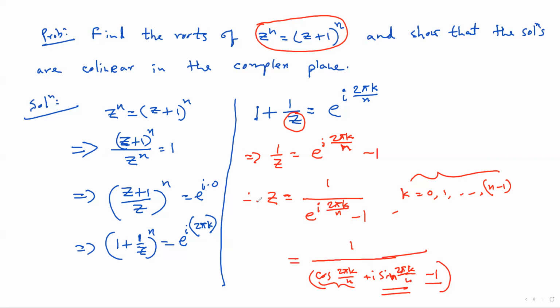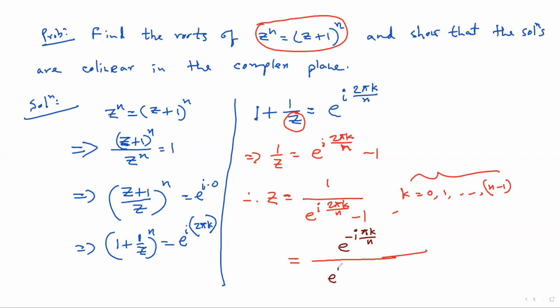But I am now more interested in doing the same task, but in a more shortcut kind of way. So let's multiply by e to the power, okay, let's use another color. Let's multiply by e to the power minus I pi k by n, both in numerator and denominator.